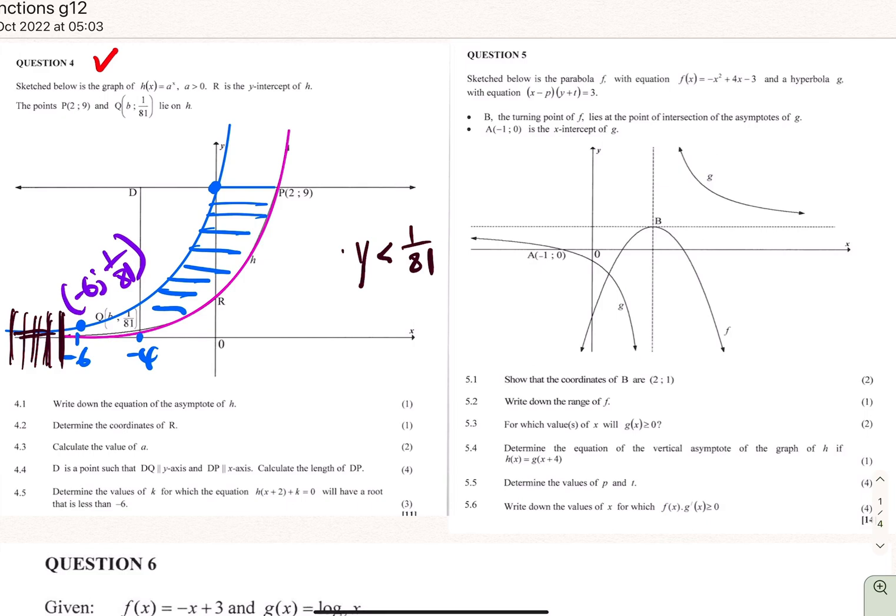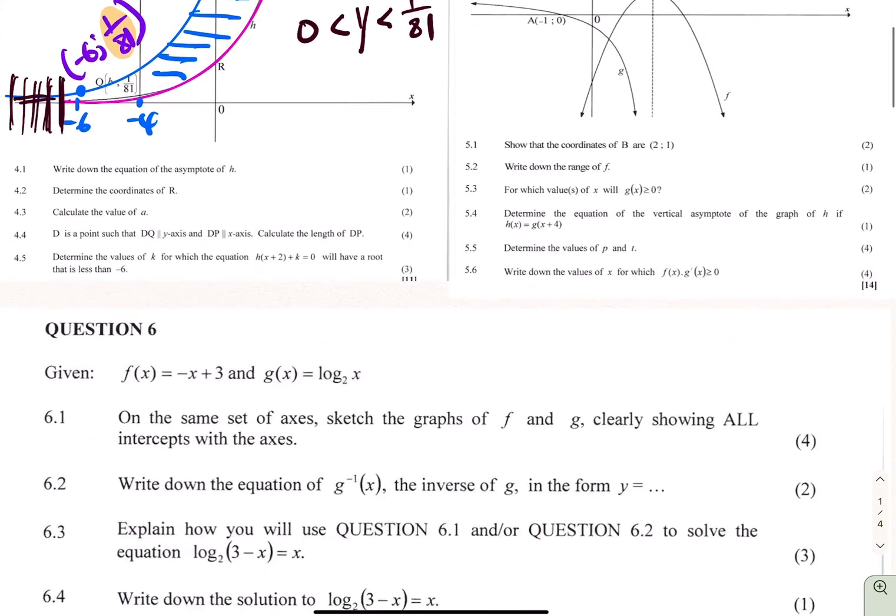Let me just write it here. Bigger than 0. It's going to approach 0, but it will never touch it because it's the asymptote. So y is less than this particular y value here, but bigger than the y of the asymptote, which is 0 in this case.